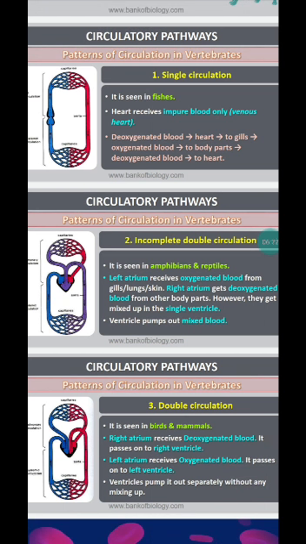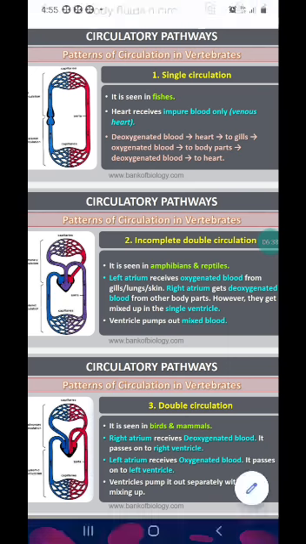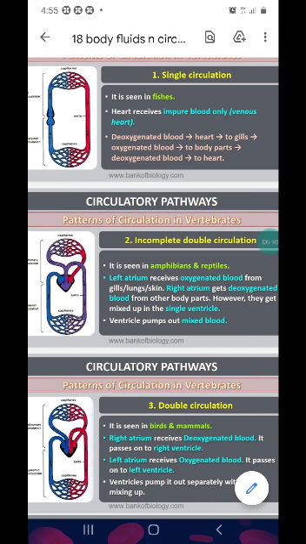Whereas double circulation, for example, you can see in the case of birds and mammals, where the right atrium receives deoxygenated blood. Here also, as in incomplete double circulation, the right atrium receives deoxygenated blood.